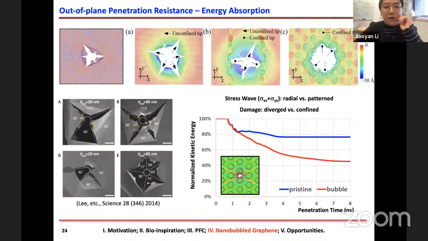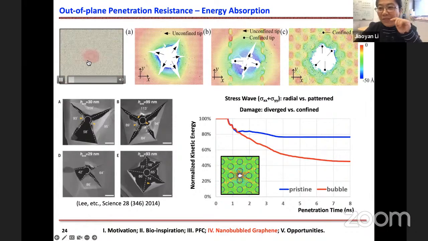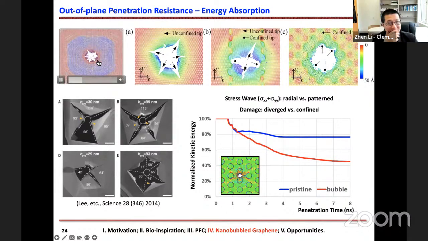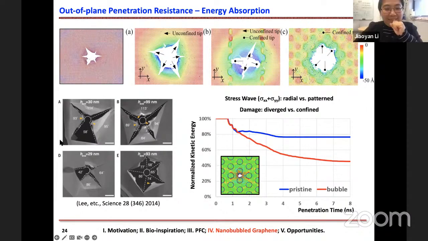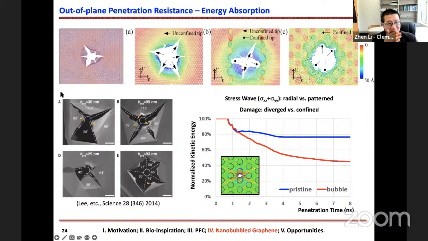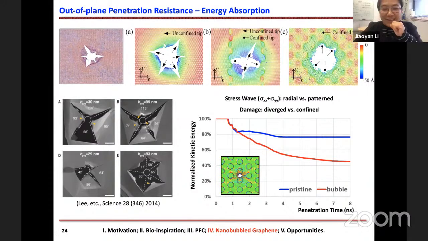I have to confirm this, but I think for all this kind of topological design sample, we use the absorbing boundary. But for this one, I have to confirm. Yeah, because I can observe the wave reflecting from the boundary. This is one interesting thing I see. I suppose you should use the absorbing condition for this penetration test. Yeah, this one I cannot recall exactly.